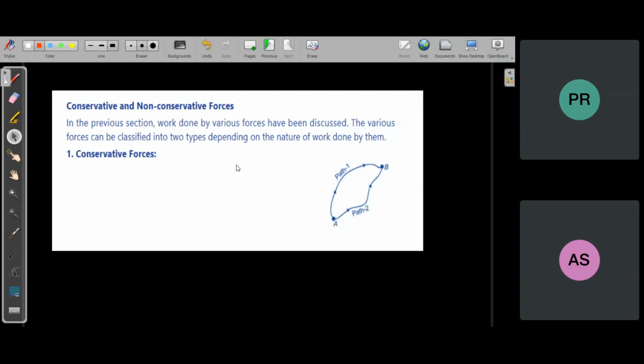So we said that energy is just the ability to do work. Once the body acquired that energy, kinetic energy, now the body can do work because the body has kinetic energy.